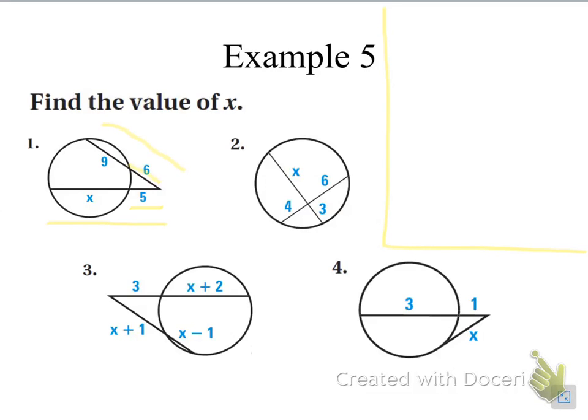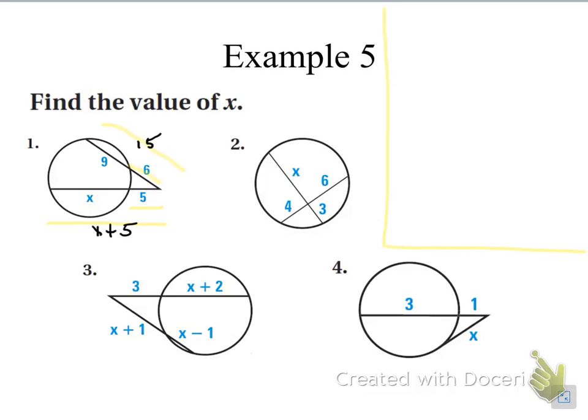It's easy to get trapped up, and so just do what I just did. External times whole thing equals external times whole thing, and you'll have less chance of making a mistake. So the whole thing is 15, and the whole thing here is x plus 5.